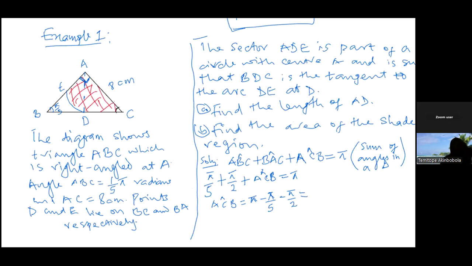So pi minus pi over 5 minus pi over 2 will be 3 over 10 pi. So that means angle C is 3 over 10 pi.